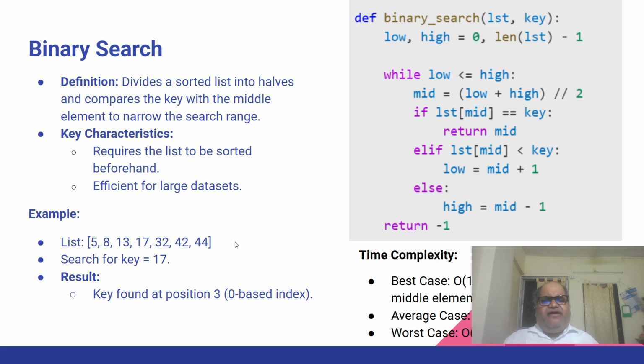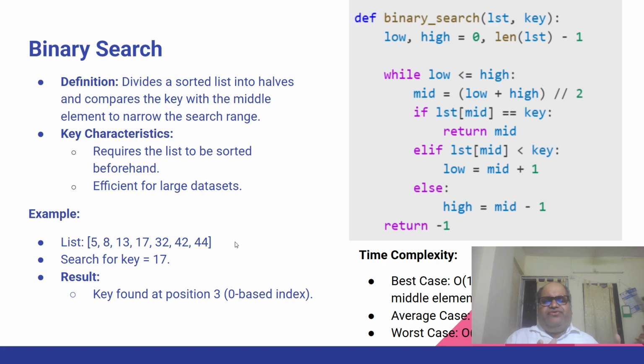If in case you are unable to find it at mid, then one of two things could happen. Either your key is less than your midpoint data, which means every element beyond mid will not be found anyway. So you narrow your search from the beginning of the array till mid - 1, because the mid element is not a match.